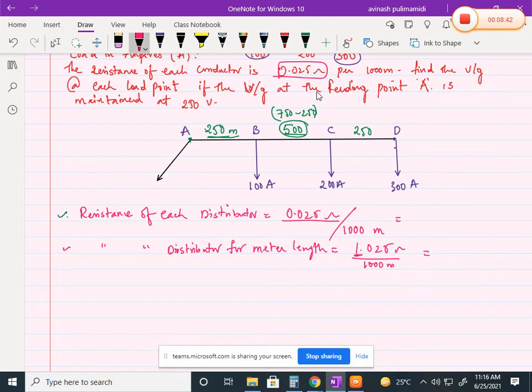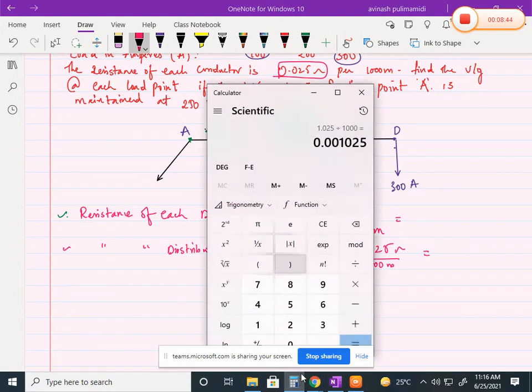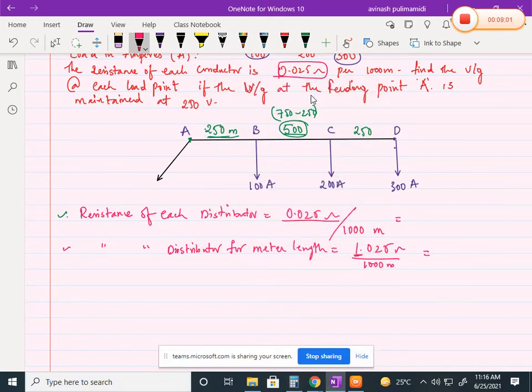I think I have written wrong here. Maybe it is just a minute. 0.025 divided by 1000. Okay, I have mistakenly written here. It is not 1, it is 0. Let me erase this one.